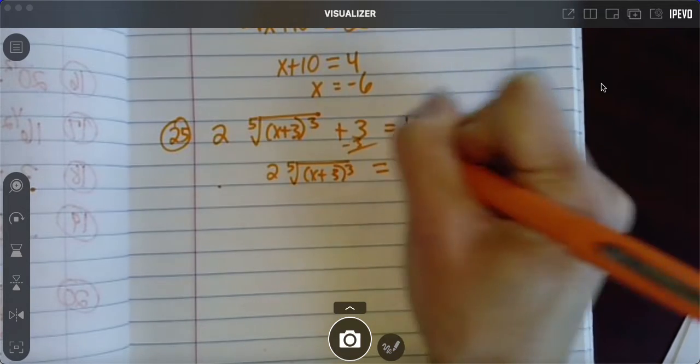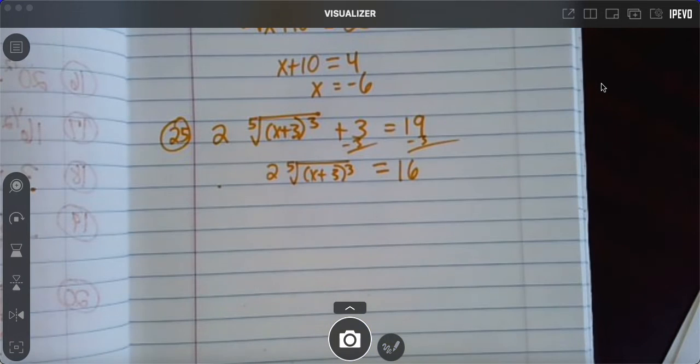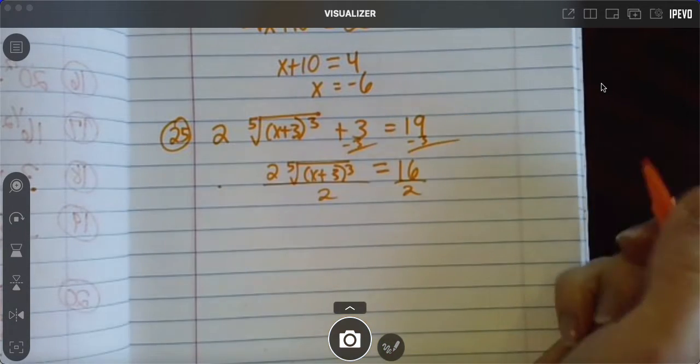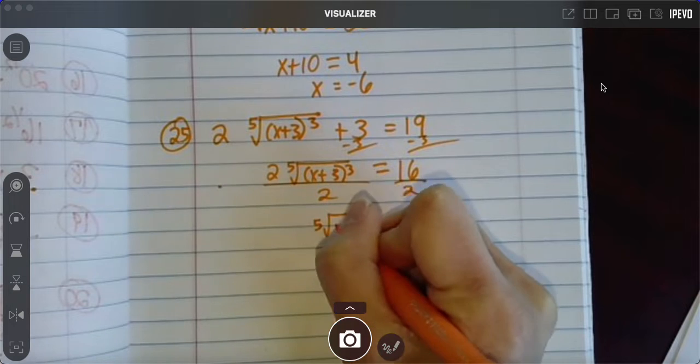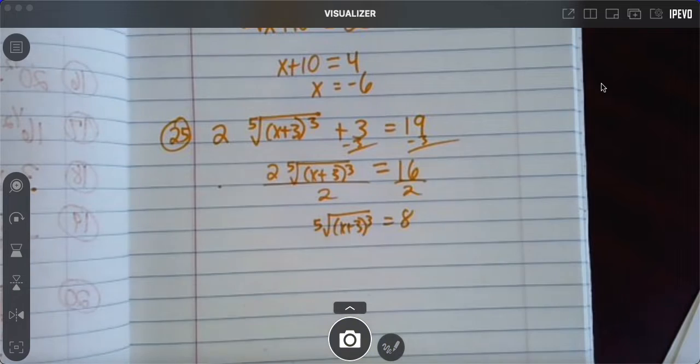What's 19 minus 3? 16. What do I do next? The 5th root isn't by itself. The 2 is over there with it. So we will divide by 2. I get the 5th root of x plus 3 to the 3rd equals 8.